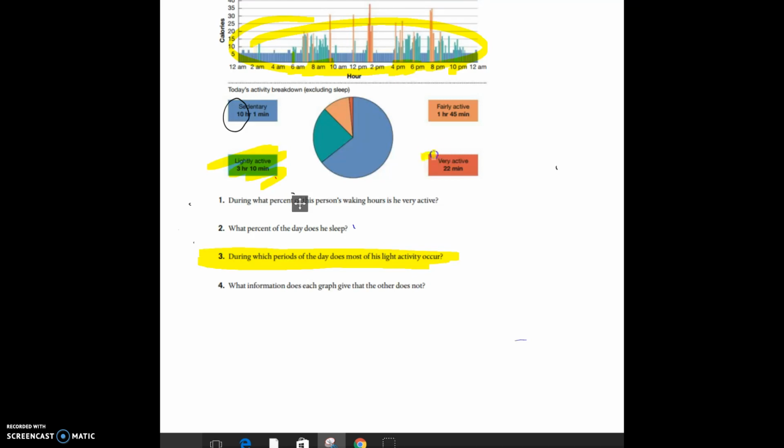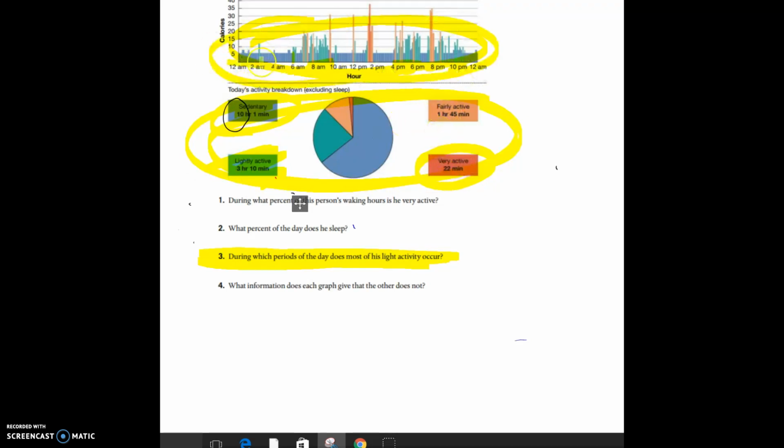So you don't really know when he's being very active or when he's sedentary. You could kind of guess. But again, this is only showing when he's awake, and it's showing exact minutes, but not when those minutes occur, where this is showing the whole 24 hours, and you can tell when he's active and when he's not, but it does not tell you exactly how many minutes.